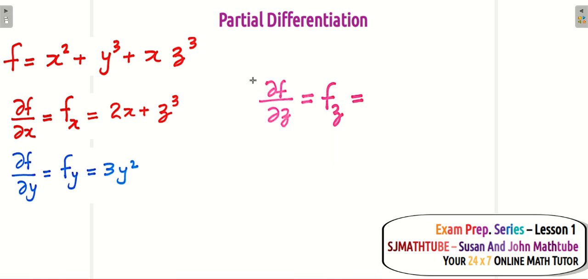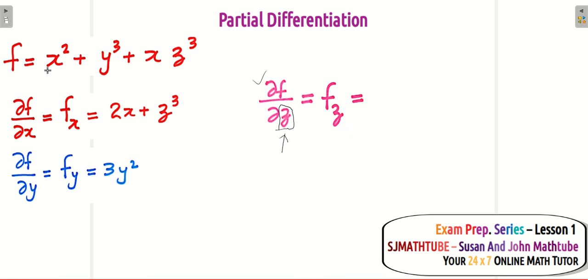And now let's go for the last possibility, that is the partial derivative of f with respect to z. So like I told you before, who's the hero? Yeah, z will be the variable, and x and y will be treated as constants.